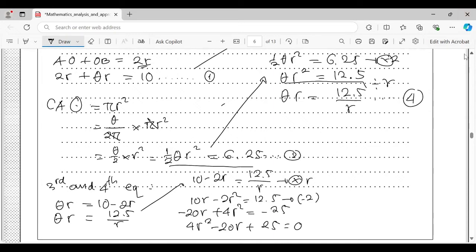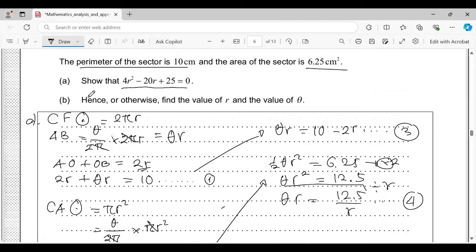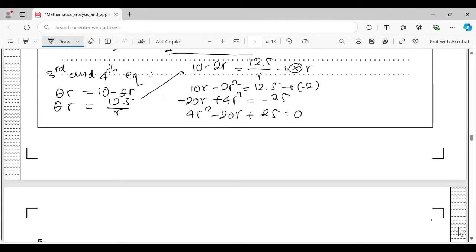Now we're going to find part b: the value of r and the value of theta. 4r squared minus 20r plus 25 equals 0.